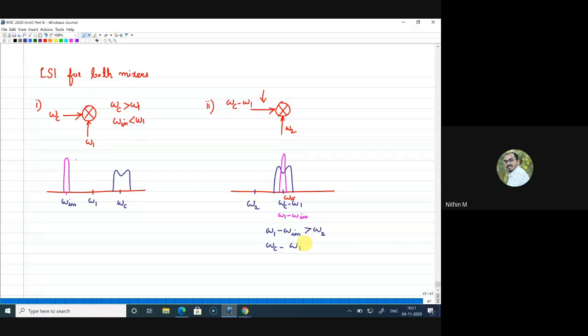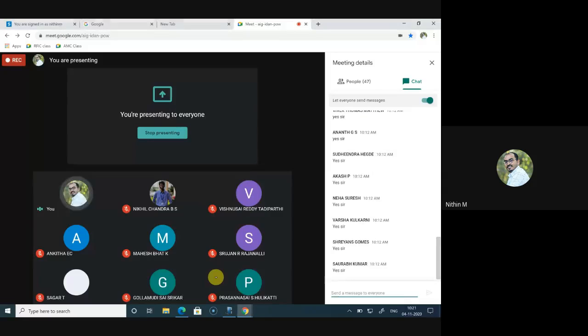is also greater than omega 2, right? So omega C minus omega 1 is also greater than omega 2.